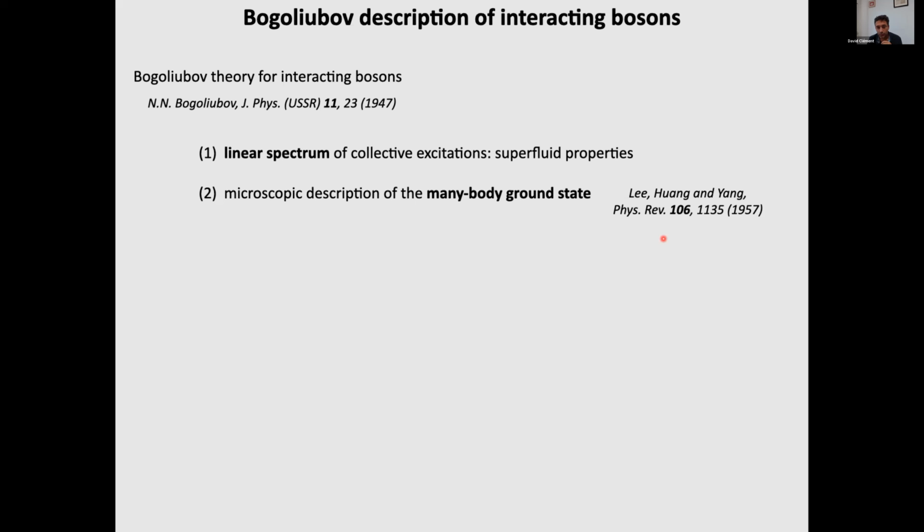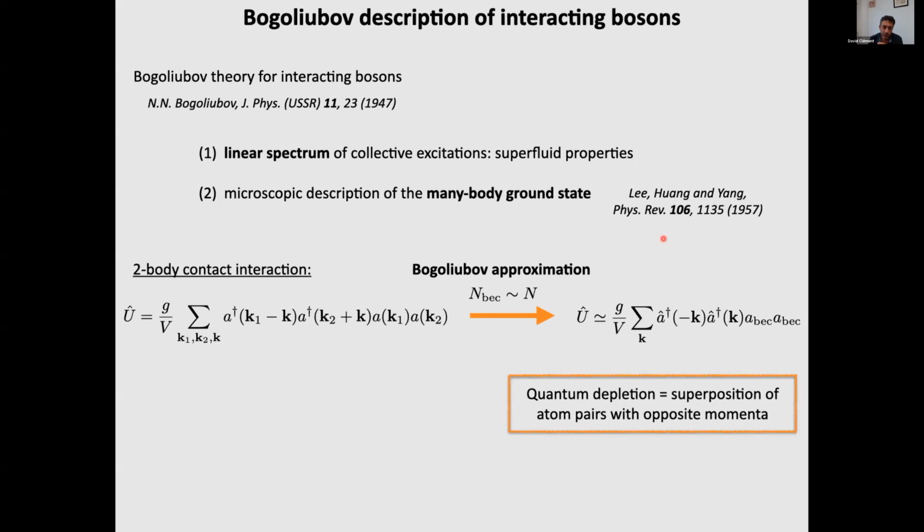And I would like to say a brief word about this microscopic description, which basically starts from considering two-body contact interactions. Therefore, in this interaction term, you have four operators for amplitudes, which I write k1 and k2, and then k1 minus k and k2 plus k to have conservation of momentum. The Bogolyubov approximation amounts to saying that almost all the atoms are in the single particle ground state, the BEC.